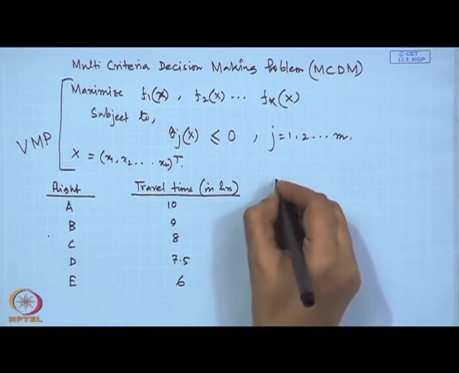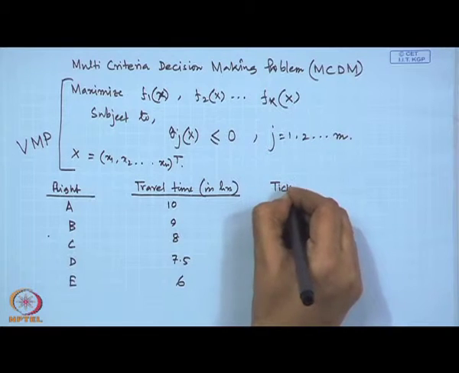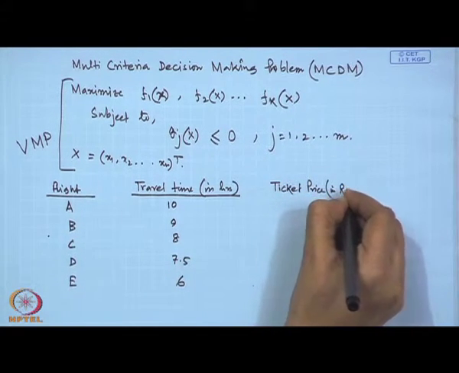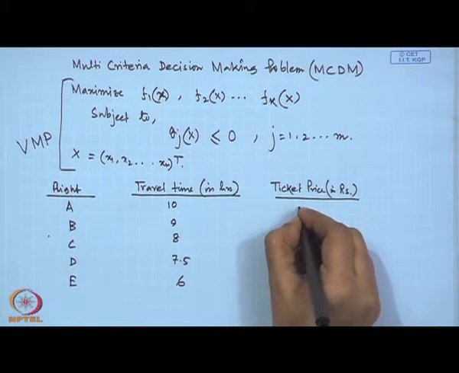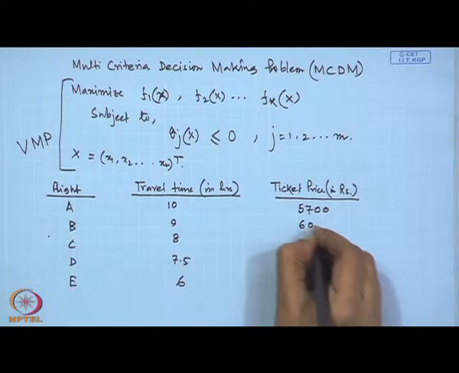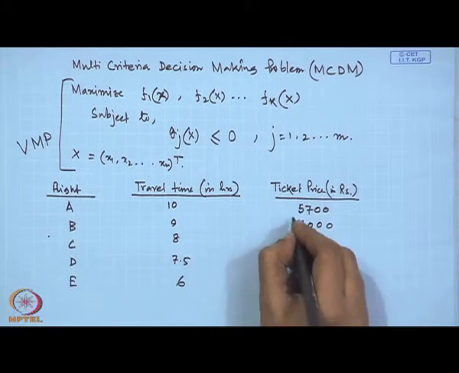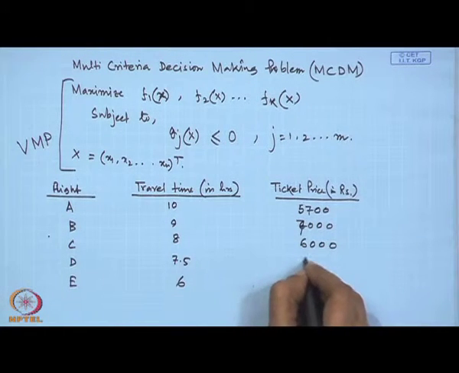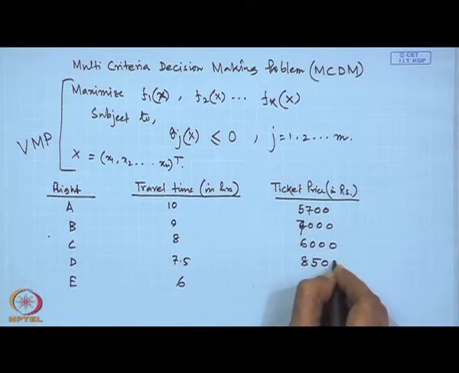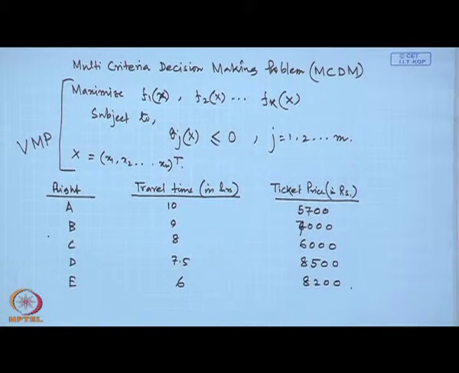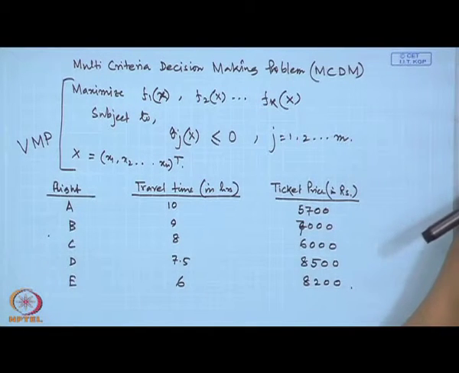At the same time, the data is there for the ticket price as well, given in rupees. For option A it is 5,700, for option B 7,000, for option C 6,000, similarly 8,500 and 8,200.